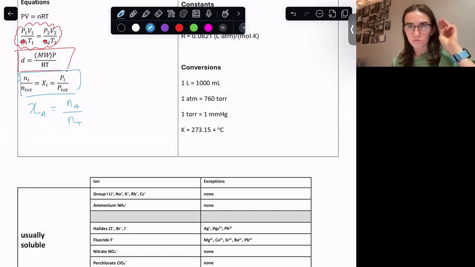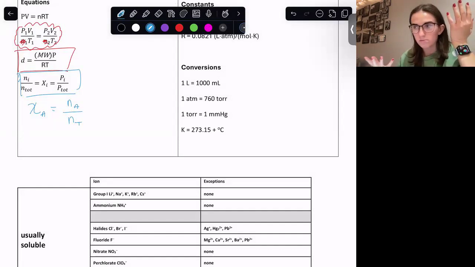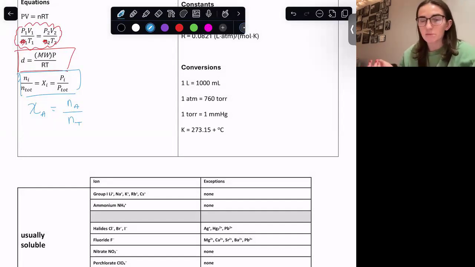So we have 0.6 as our mole fraction for oxygen. That means if we had 100 millimeters of mercury of total pressure, then 0.6 of that is coming from the oxygen. So 60 millimeters of mercury is from the oxygen molecules and 40 millimeters of mercury is from the hydrogen molecules.